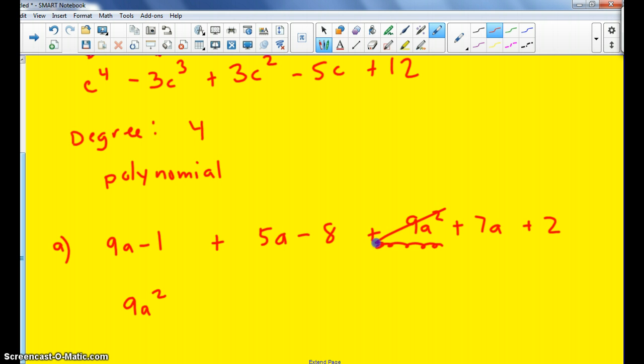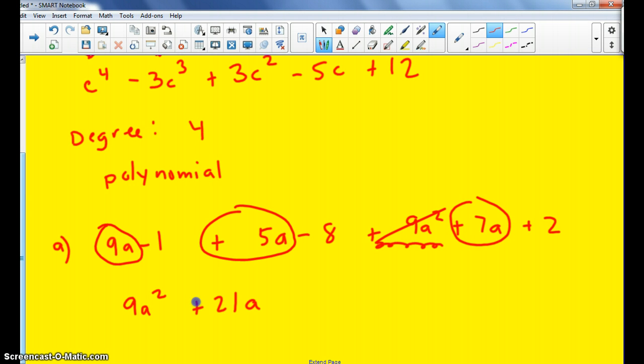All right, what's next, Jacob? 9a plus 5a plus 7a. 9 plus 5 plus 7 is 14 plus 7. What is that? 21a. And then negative 1 minus 8 plus 2 would be a minus 7. The degree would be a 2. And what type of polynomial is it? It's a trinomial.